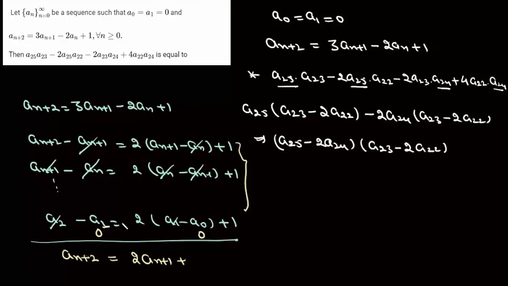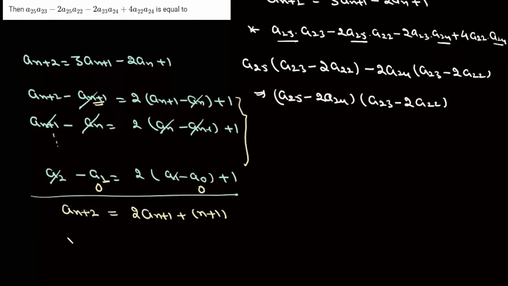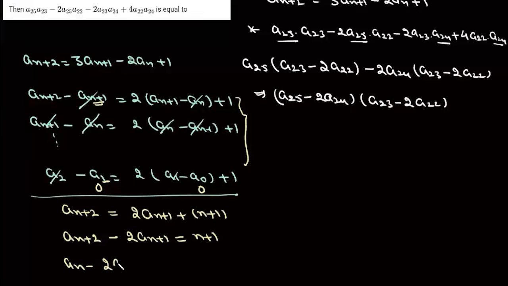Now from 1, it has gone to n plus 1. So there will be total n plus 1 terms. So from here we can say A(n+2) minus 2 A(n+1) is equal to n plus 1. Or if we take n as n minus 2, we can write this as A_n minus 2 A(n-1) will be n minus 1.